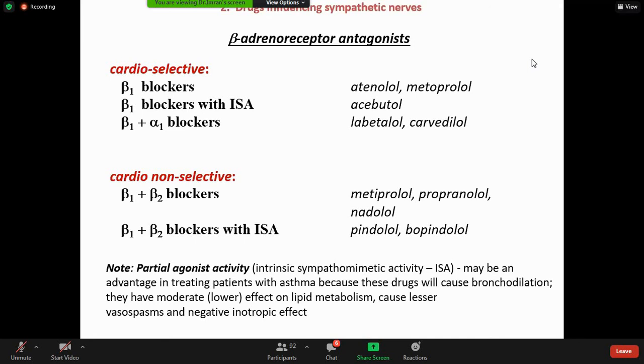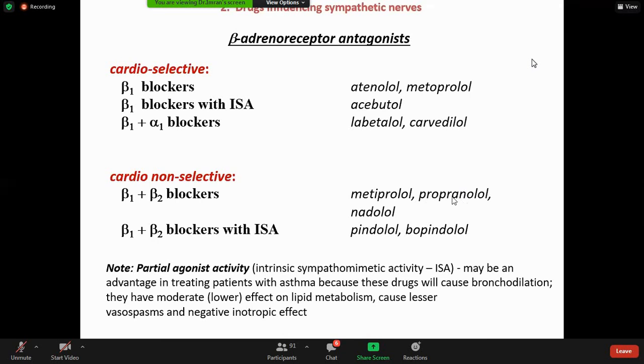But there are some drugs that control the blood pressure by blocking the beta 1 receptor, yet this beta 2 receptor blocking activity is unnecessary and unrequired, so sometimes it may cause some side effects. Examples are metoprolol, propranolol, atenolol, and the key example is propranolol. This is one of the prototype drugs of the beta blockers.